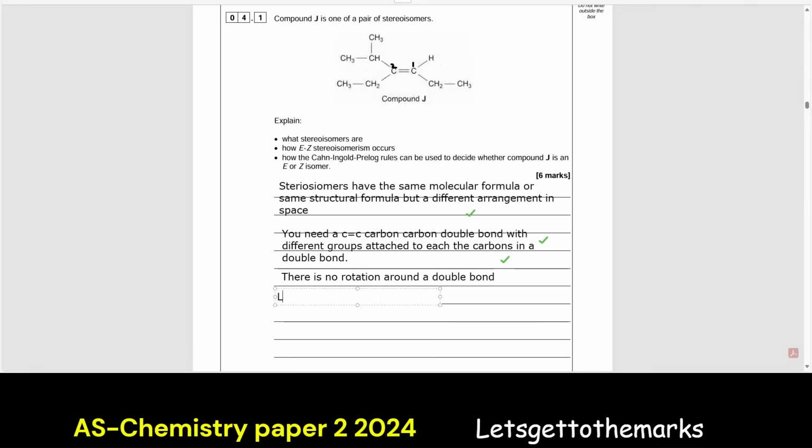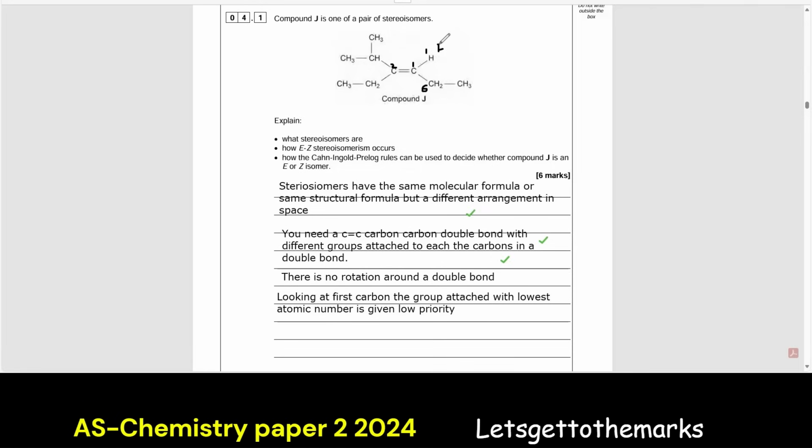So looking at the first carbon, the group attached with the lowest atomic number is given low priority, and the group with the highest atomic number is high priority. We can see that hydrogen has an atomic number of 1 and carbon has an atomic number of 6.